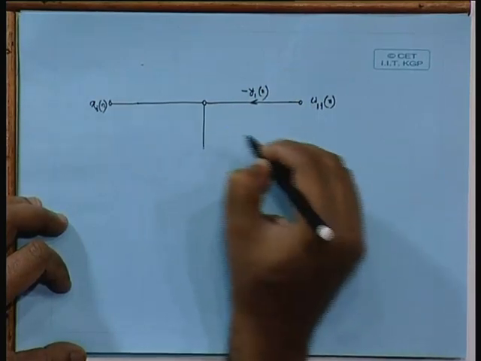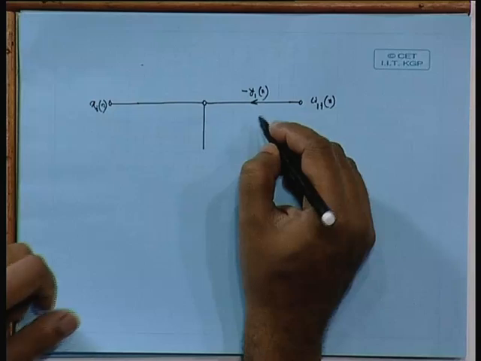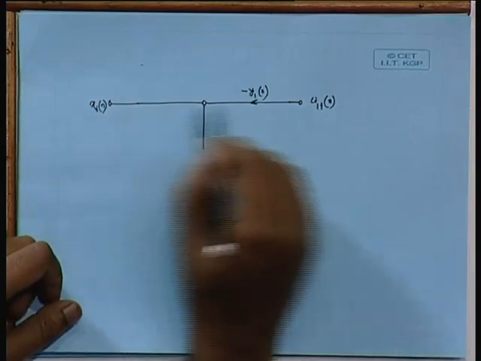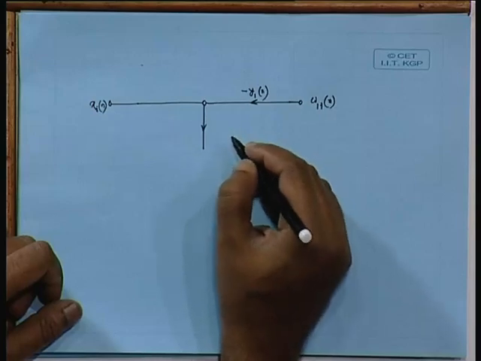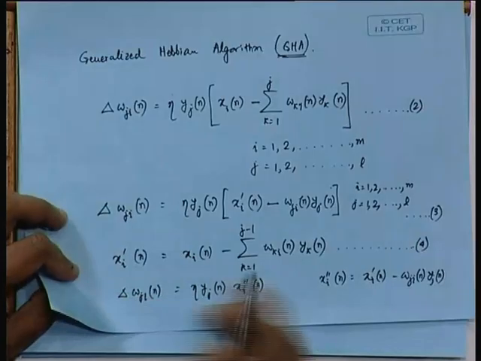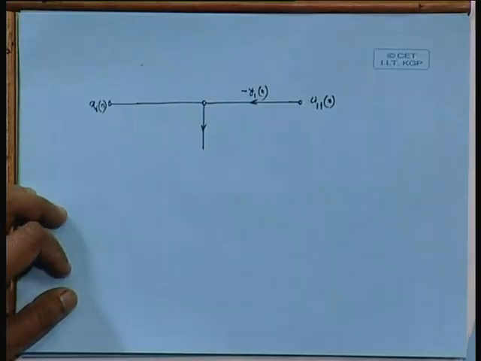This gives the first subtraction result, corresponding to k equal to 1.